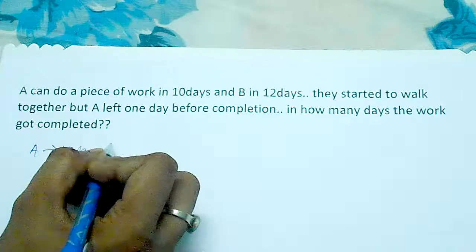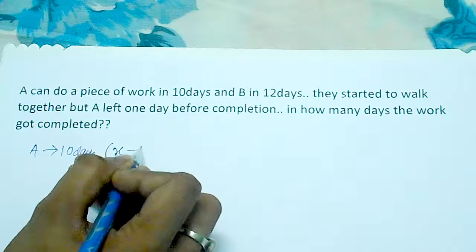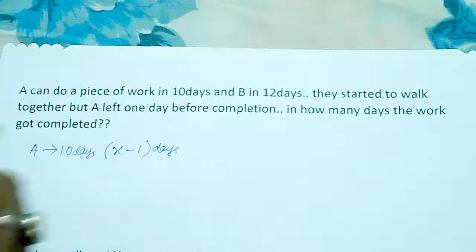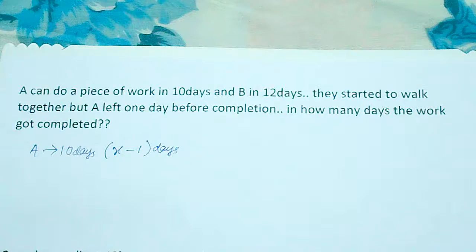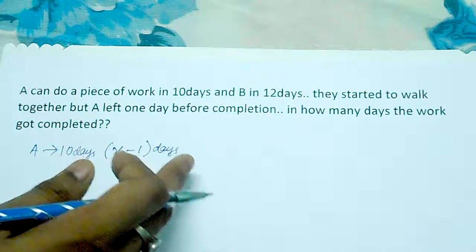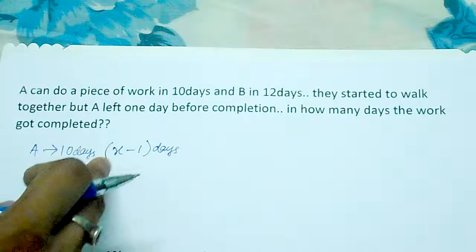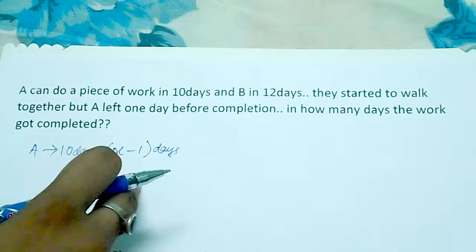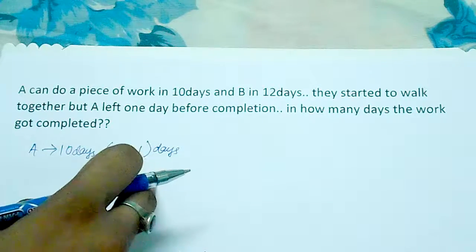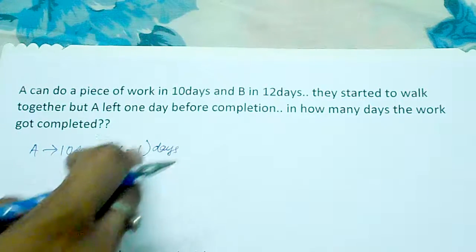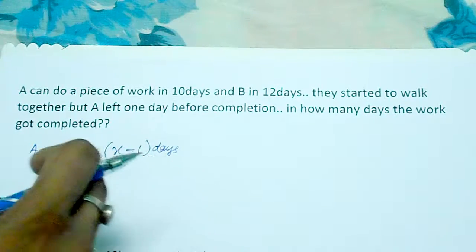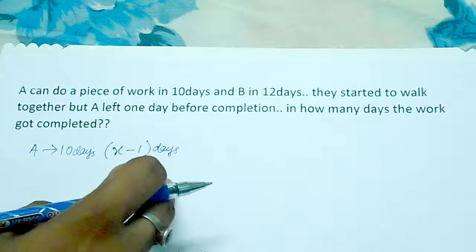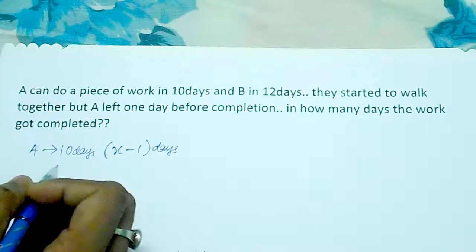generally A takes 10 days, but over here A has worked x minus 1 days. Since I don't know how many days it took for the work to complete, I am assuming it to be x, and as A has left 1 day before the completion, A has worked 1 day less, so x minus 1 days is the number of days A has worked, and later on we will calculate this to find out the total number of days.